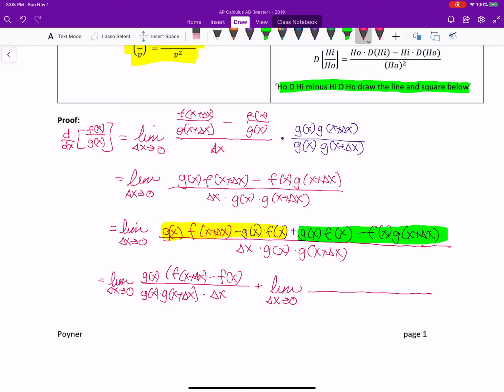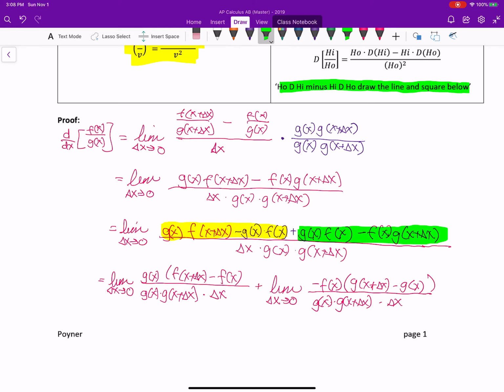So instead, I'm going to factor out the negative of f of x. And that's going to give me a g of x plus delta x minus g of x. And then I'm going to write it like I did before, just to save space, so I don't have to write a whole other line out here: x plus delta x times delta x.